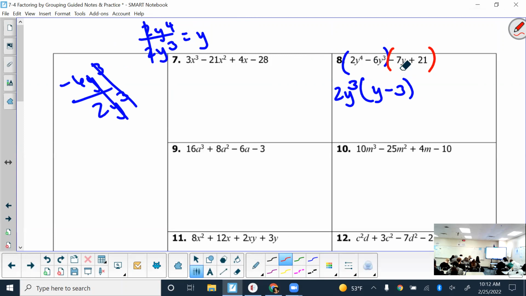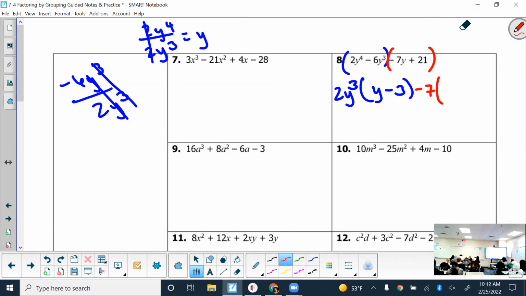All right, now for the second group, what's my GCF between -7y and 21? Do you want it to be positive or negative? So let's try factoring out a -7, and you can always erase it later if it doesn't work.